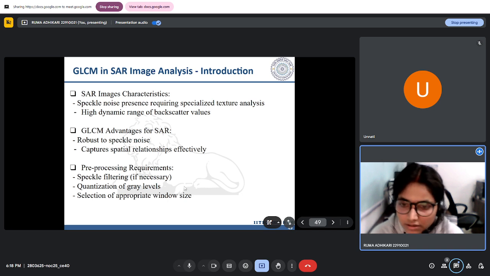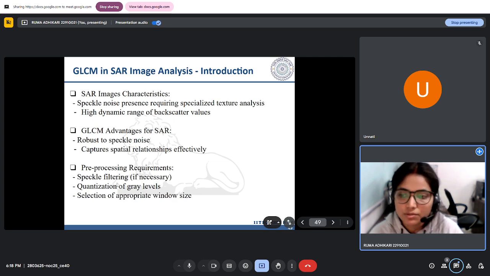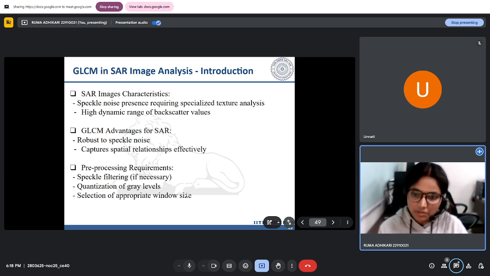We'll see in software today that these also vary with speckle filtering. If we do first-level filtering, quantization of gray levels and window size, these all will vary.